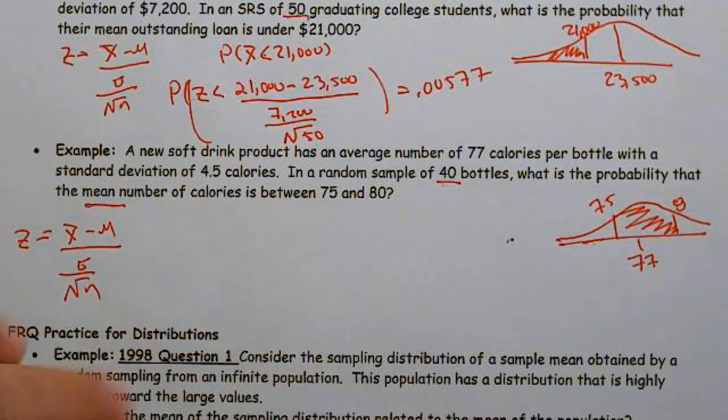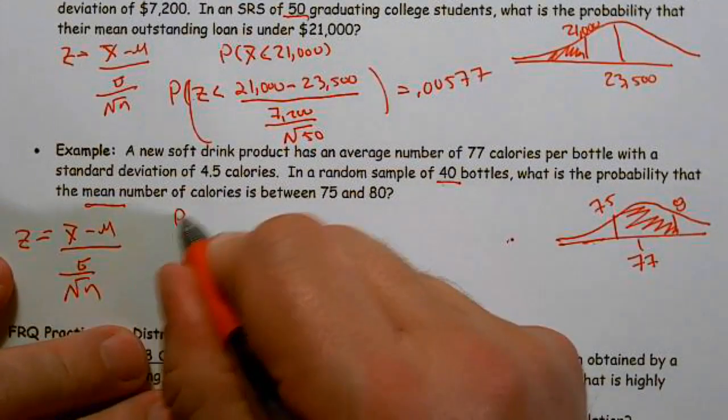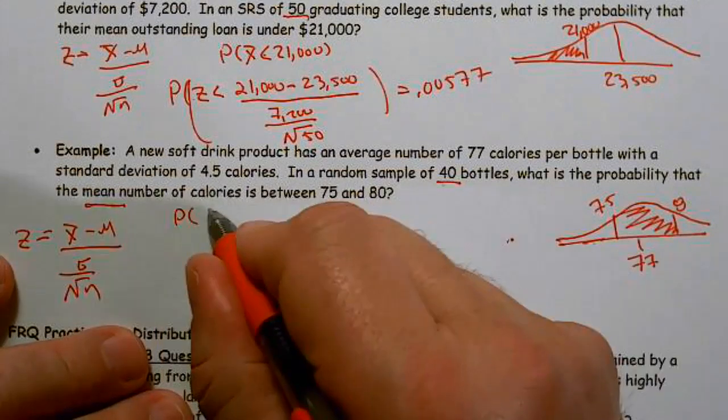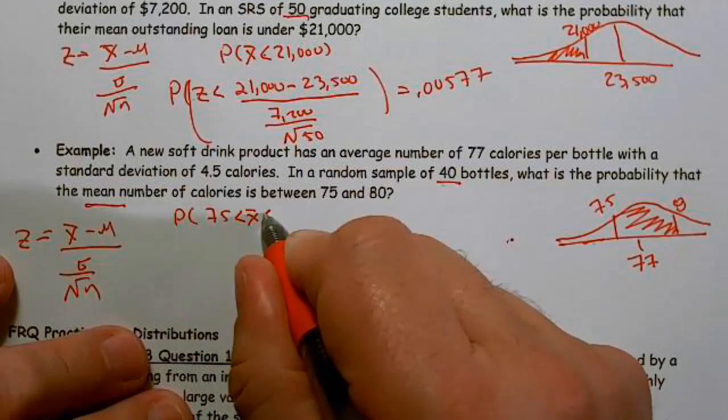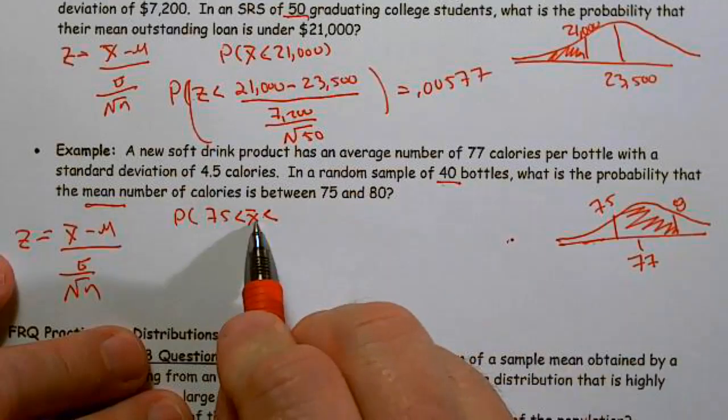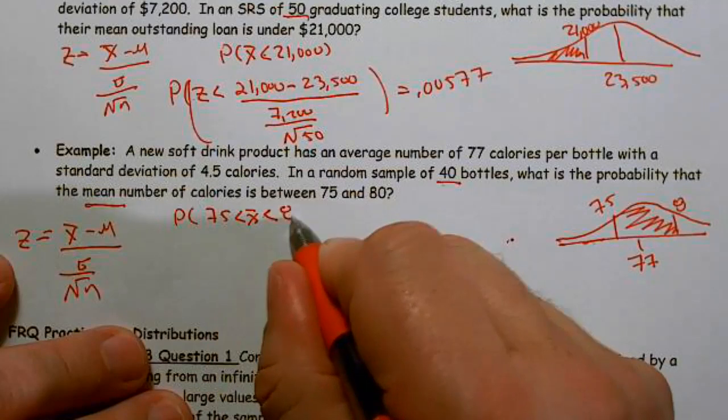So this is the probability that 75 is less than X bar, and by the way, make sure it's an X bar, is less than 80.